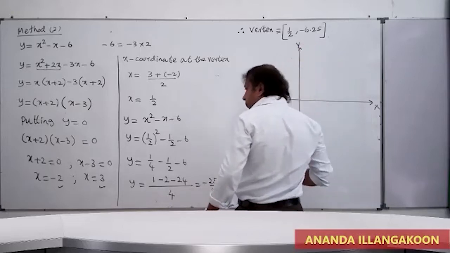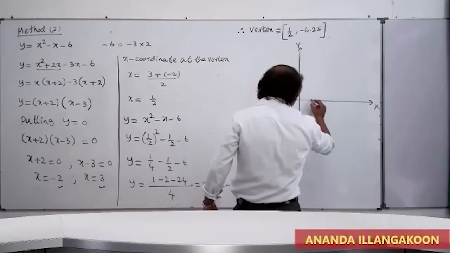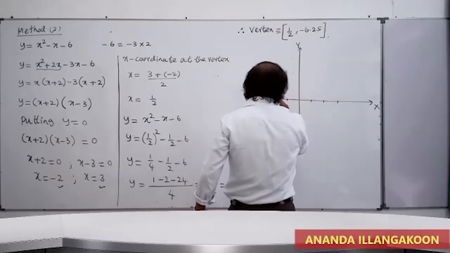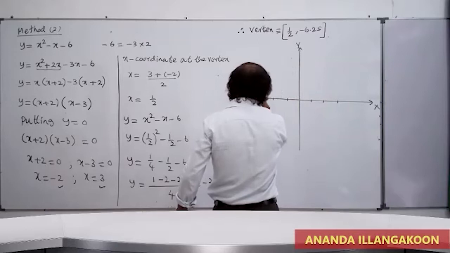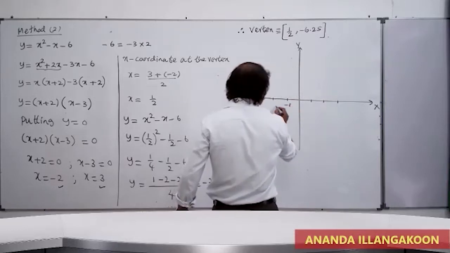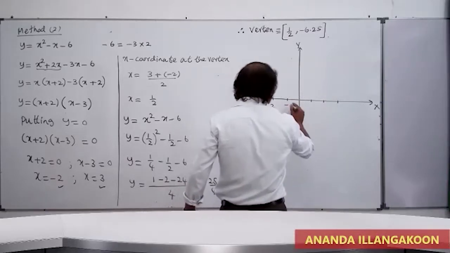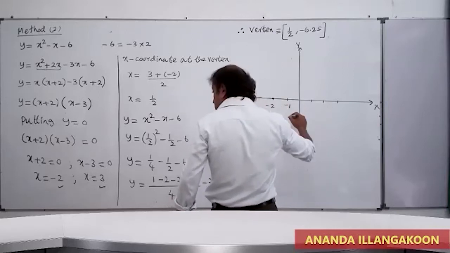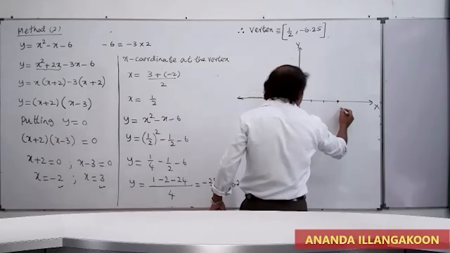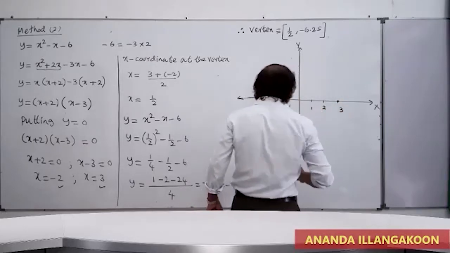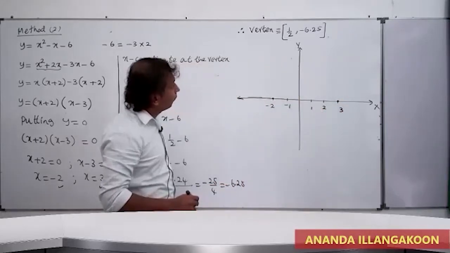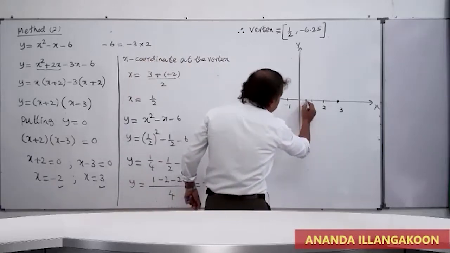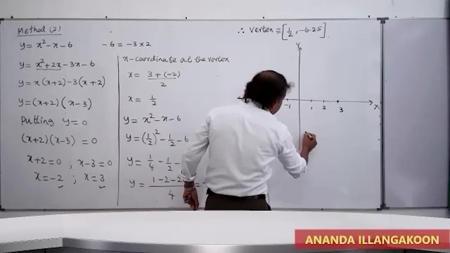The two roots are minus 2 and 3. 1, 2, 3, minus 1, minus 2. The graph passes through the points minus 2 and plus 3. And the vertex x is half, exactly the midpoint of these two, and the y value is minus 6 point something, somewhere here.